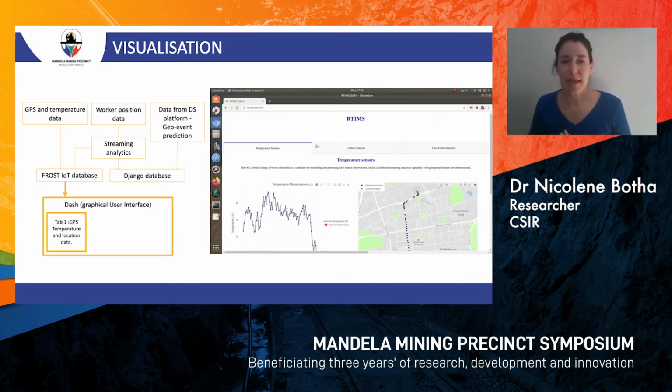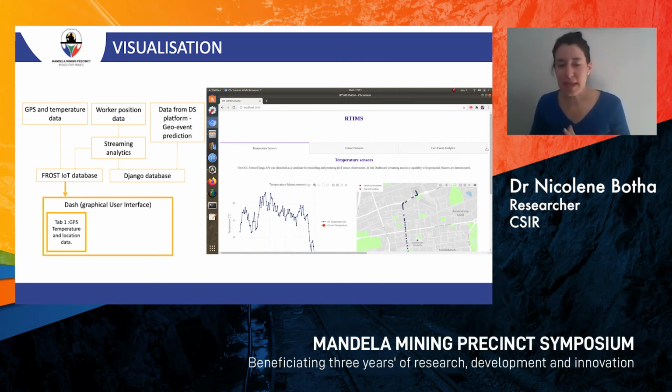So finally, the different data sets must be visualized in some type of graphical user interface. We decided on Dash, which is a Python application. So the first data set, GPS and temperature data, is in the first tab here named Temperature Sensors.